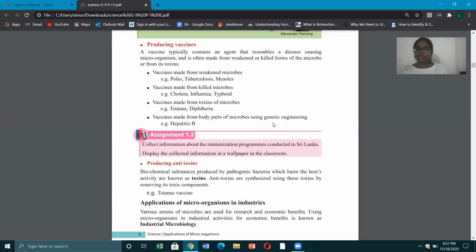With genetic engineering, vaccines are produced by using the body parts of microbes, like Hepatitis B. What is genetic engineering, children? Genetic engineering is basically altering the makeup of DNA, the genes of a specific organism, in order to make something new. That is genetic engineering.